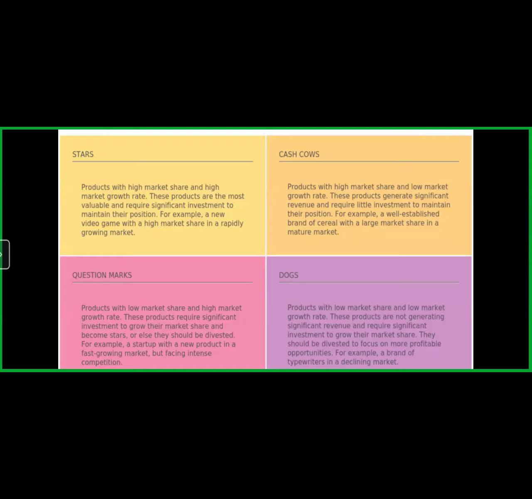Now, for controlling the AQI, the government is coming up with a number of things. They are spraying water. Then they have started the odd-even formula.